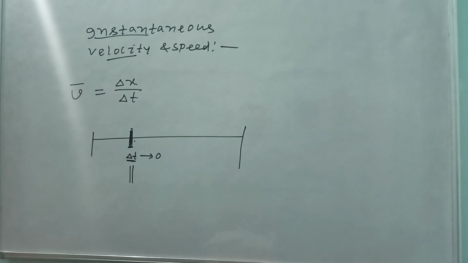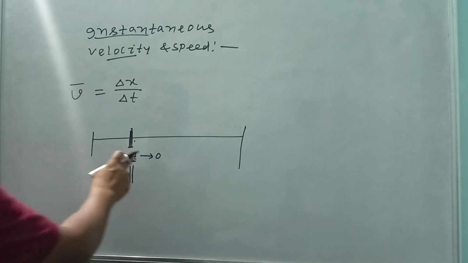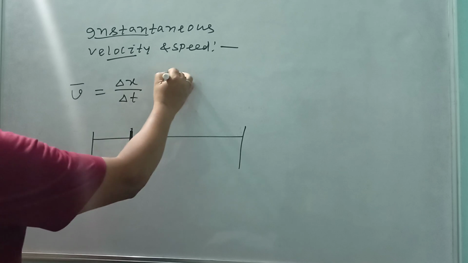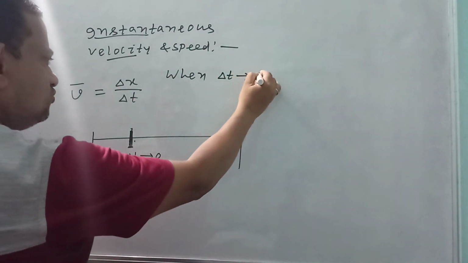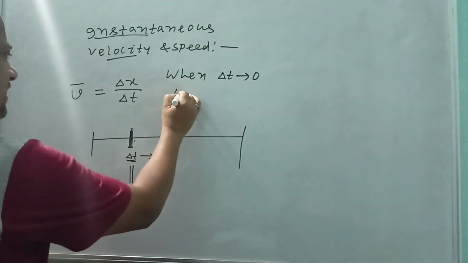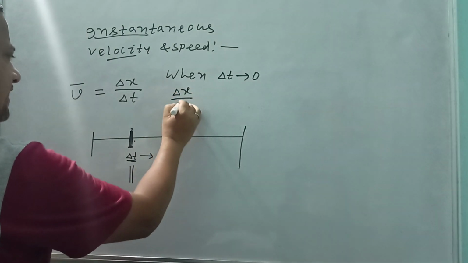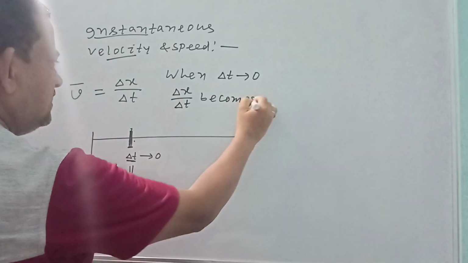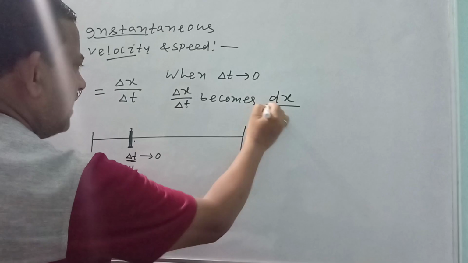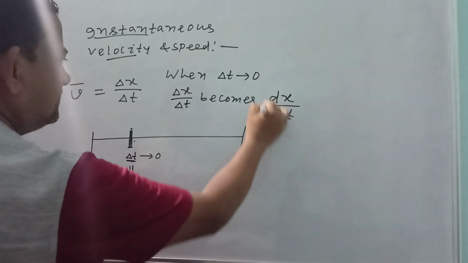So what happens? When delta t tends to 0, then delta x by delta t becomes dx by dt.